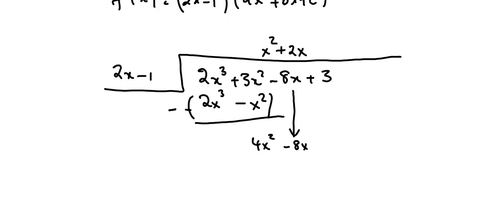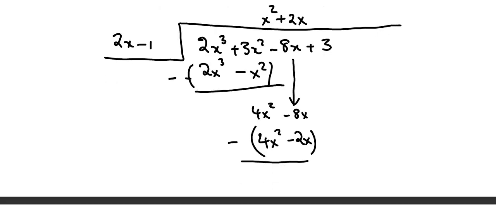This times that, that's 4x squared, then minus your 2x. We try to find the difference here. So the difference, this is negative 6x. We bring down the 3. 2x into negative 6x, that's going to give us a negative 3.